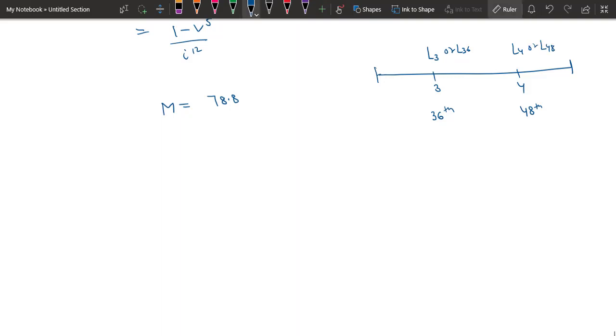So if you are using the first method where you are taking the time units at year, you can call it L3, and if you are using the second method where you are using the time period of months, you can call it L36. So our L3 will be 78.12 into 12.